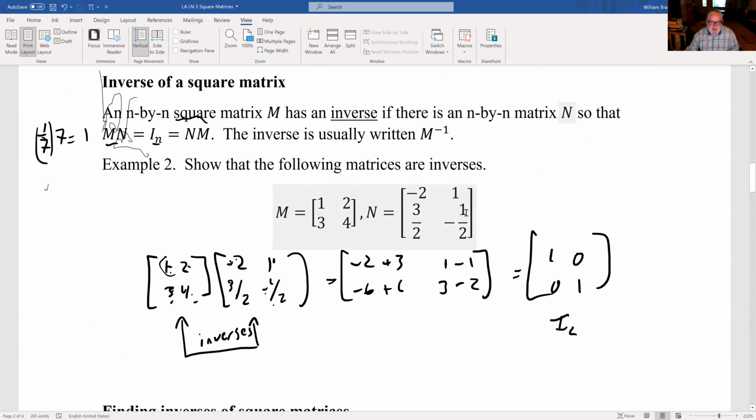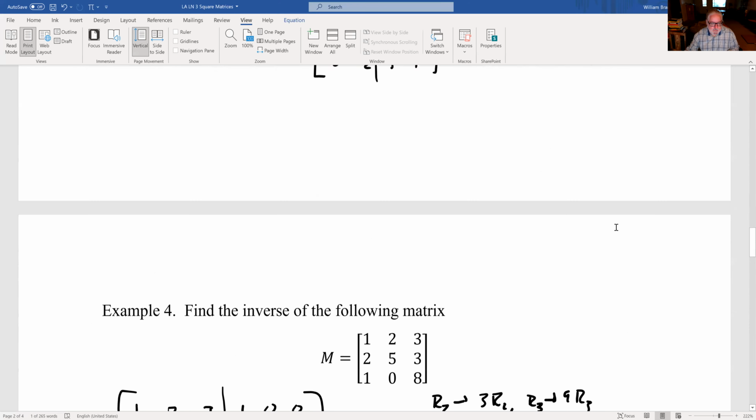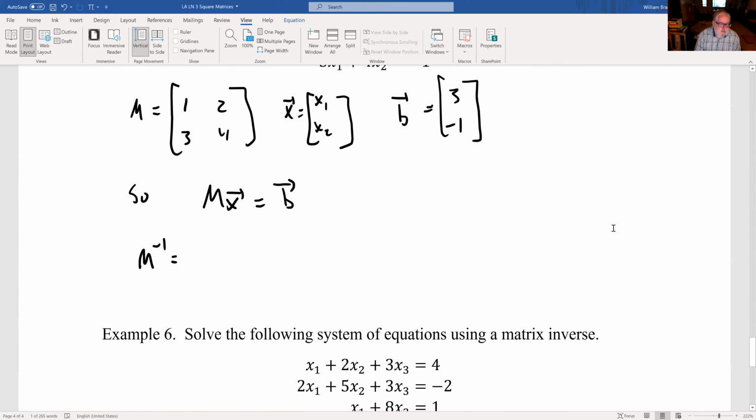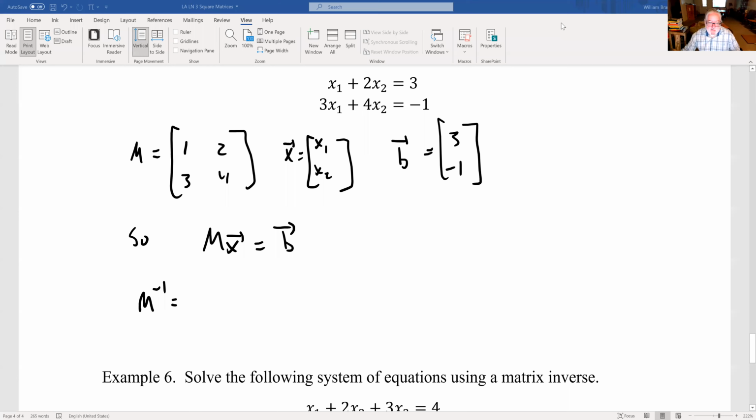So this matrix N here is the inverse to M. So M inverse we found before is -2, 1, 3 halves, -1/2.